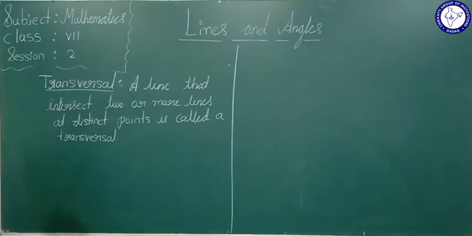Now see here, a line that intersects two or more lines at a distinct point.